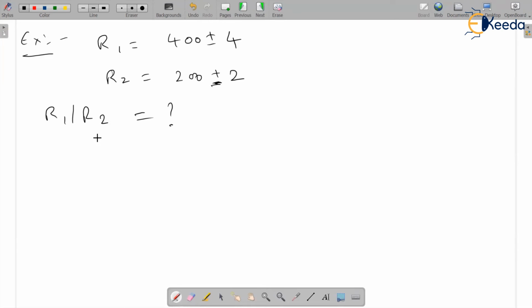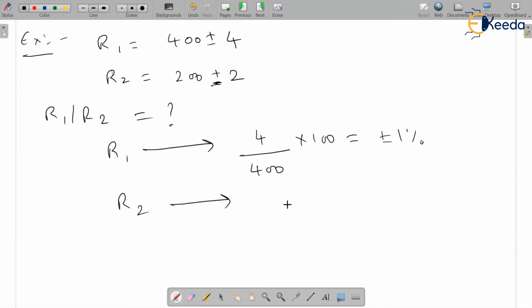So for a division operation, I should convert to percentage. 4 by 400 of 100 will give me plus or minus 1 percentage, and R2 gives rise to 2 by 200 of 100, plus or minus 1 percentage.